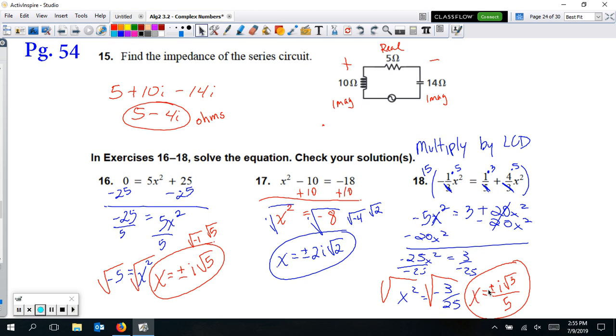So x is equal to, the top you can say is plus or minus i square root of 3, and the bottom is just 5. So you can kind of break this apart with the square root of 3 over the square root of 25. So the square root of negative 3 is i square root of 3. We saw that one earlier. Don't forget your plus or minus though when you do this step, when taking the square root of both sides. And then the square root of 25 is just the 5 on the bottom. So that is our answer. We're going to enter it as that.